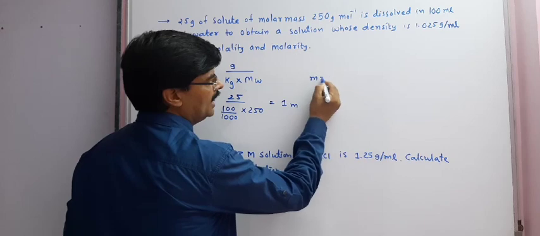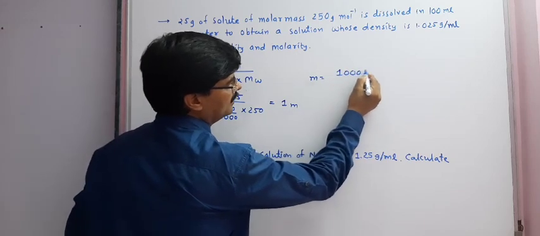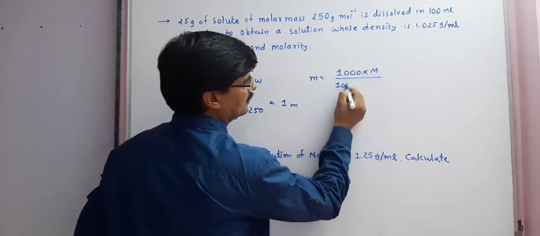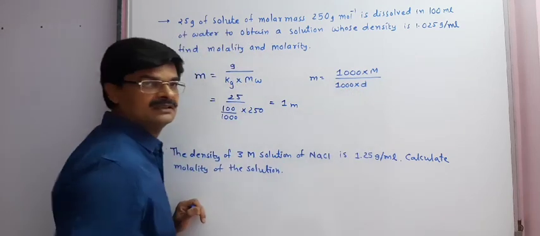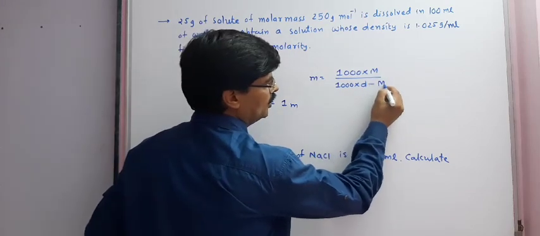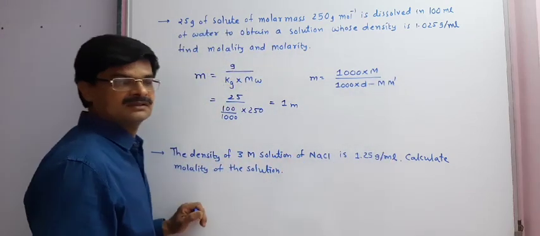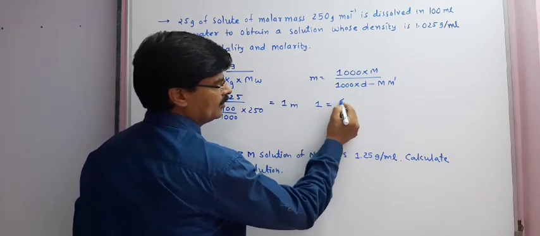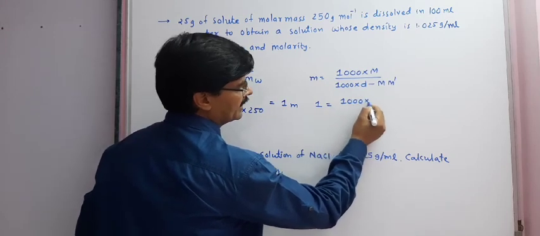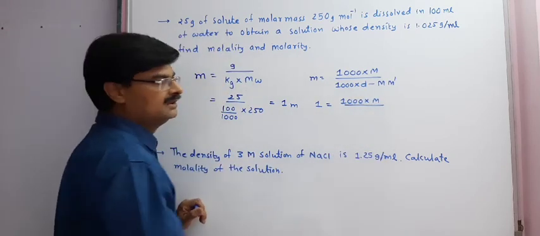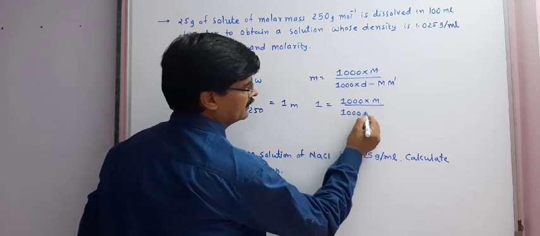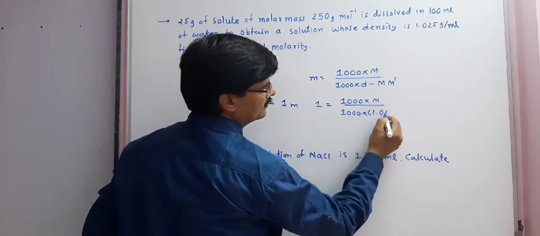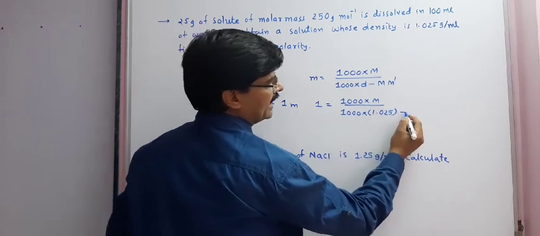Now, molarity is equal to 1000 into molality divided by 1000 into density minus molality into molar mass. Keeping required values, 1 molal is equal to 1000 into molarity, that we have to find out, divided by 1000 into density, density is 1.025, minus M m dash.